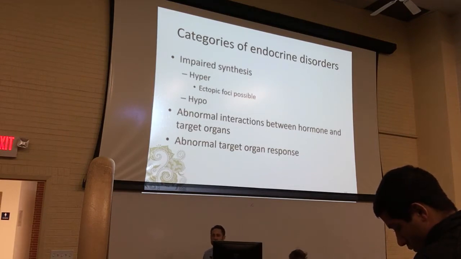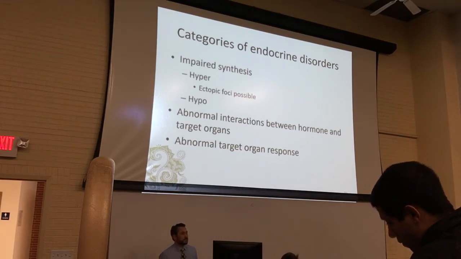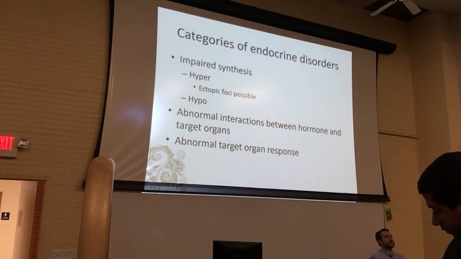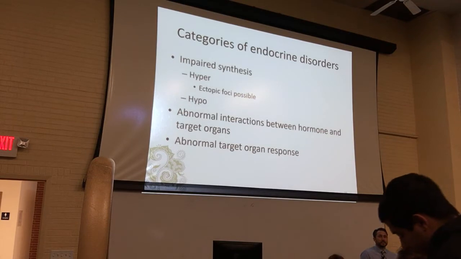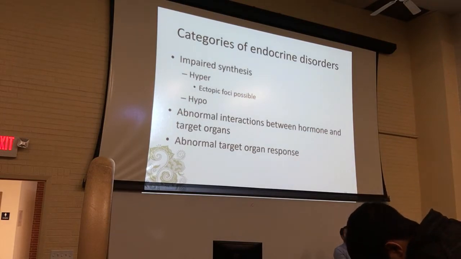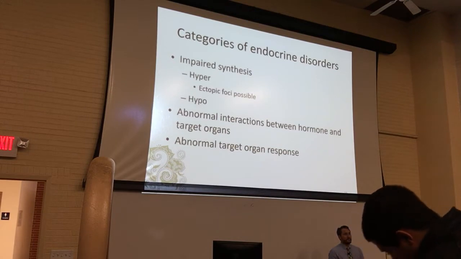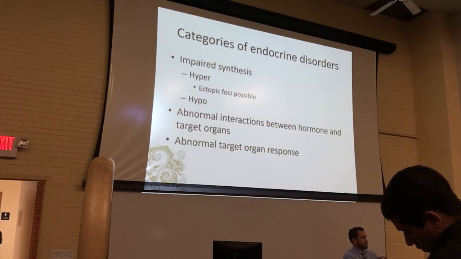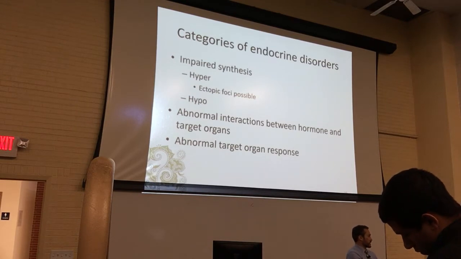If there's a hypersecretion, it could be a result of what we call an ectopic foci that's present. So there's a mass that maybe is a neoplasia, it's a lesion, it's growing and getting bigger, but it's got well-defined borders, okay? It resembles the tissue in the brain that it came from.